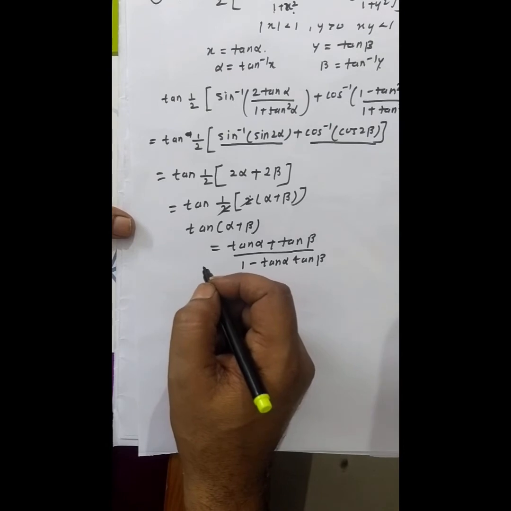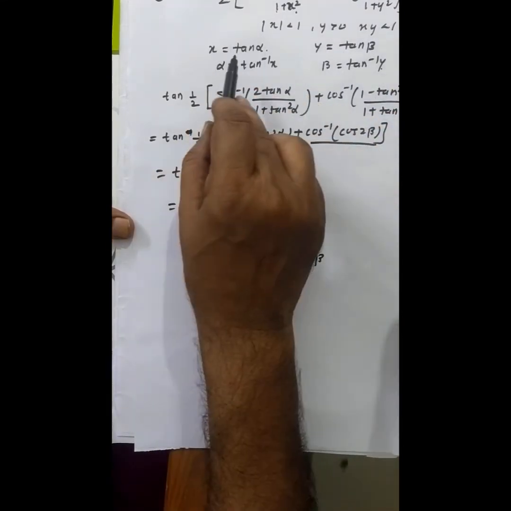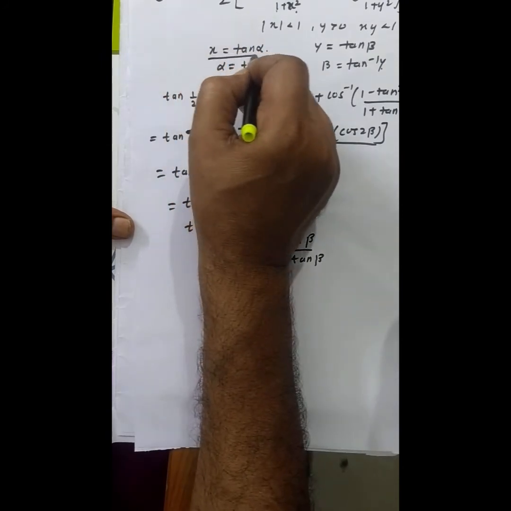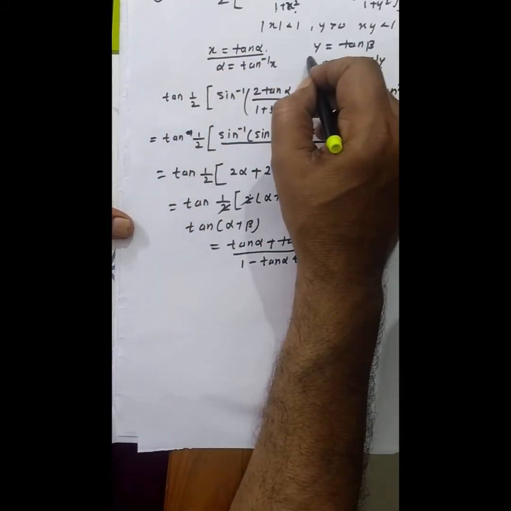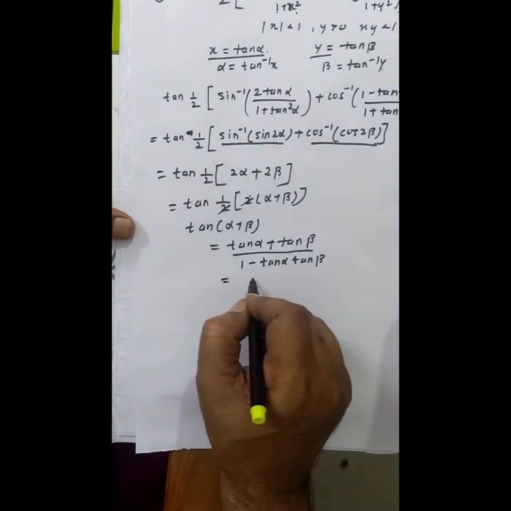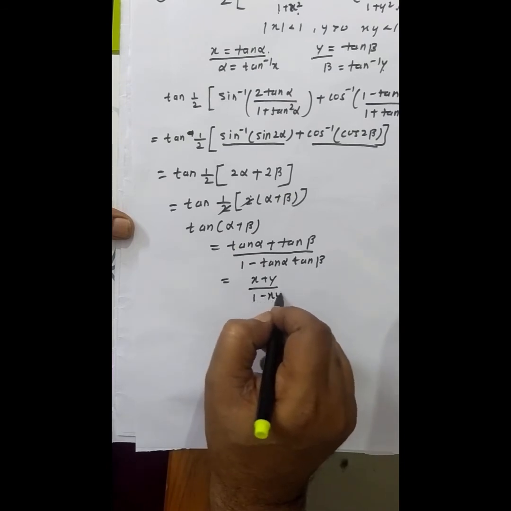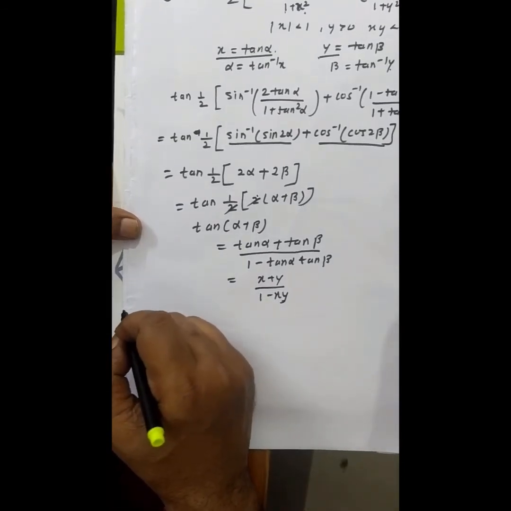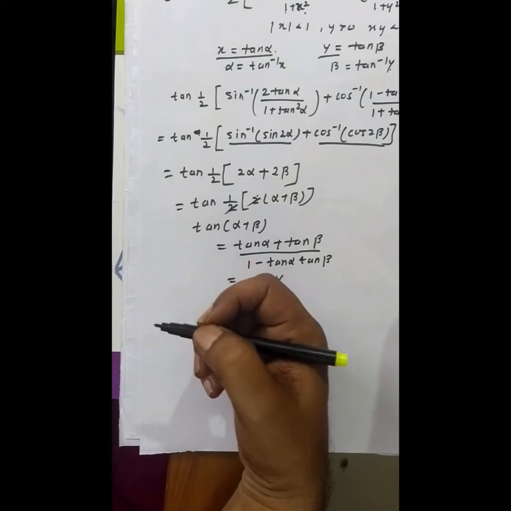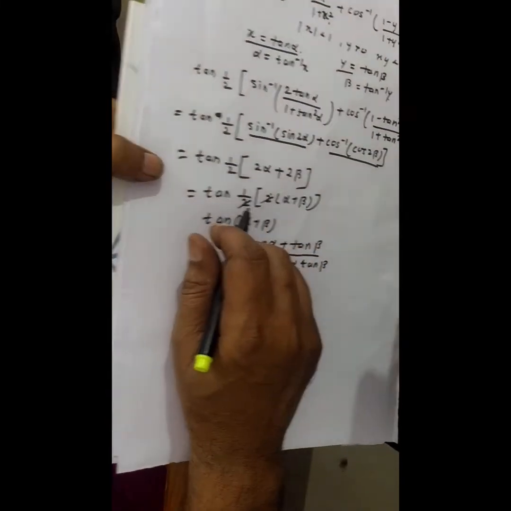Now what is tan alpha and what is tan beta? Tan alpha is x and tan beta is y. So this will be x plus y divided by 1 minus x into y. This is your answer.